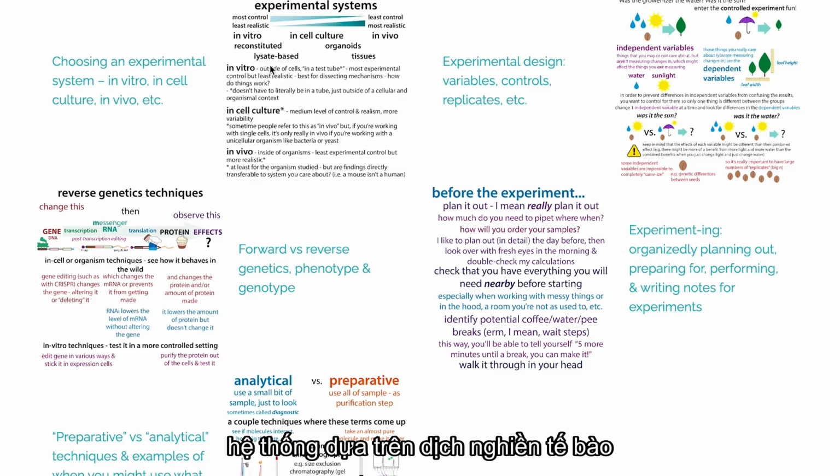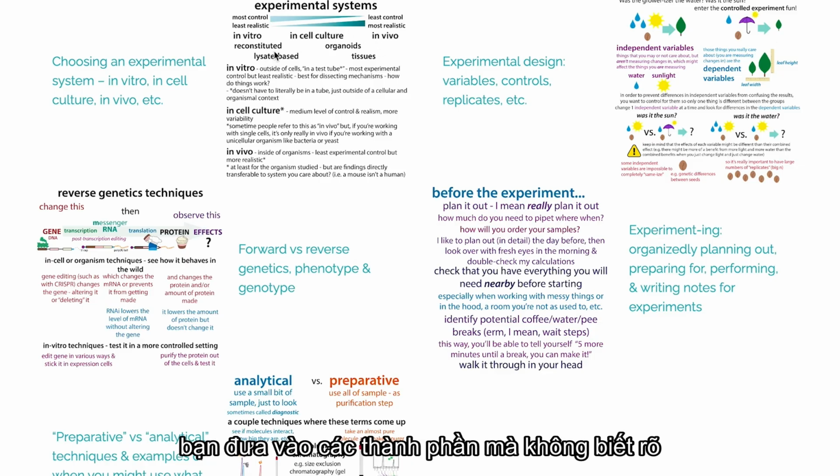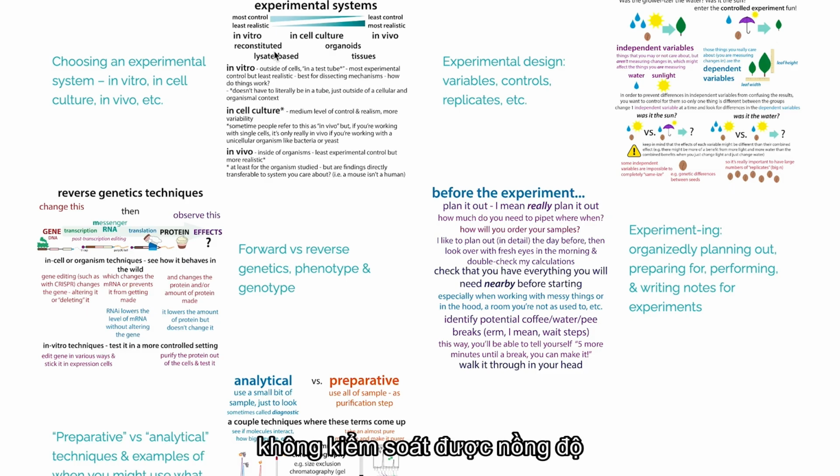A lysate-based system is the next step up in terms of realism. So you have less control here, but more control than you'd have in cells or in vivo. But you're adding components that you're not exactly sure about, so you don't have control over the concentrations of everything in that lysate. But you can take that lysate and then manipulate other factors.